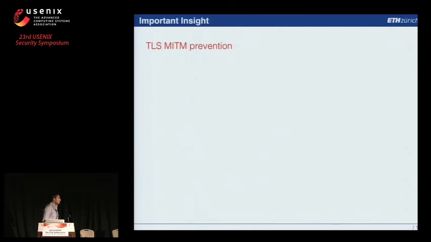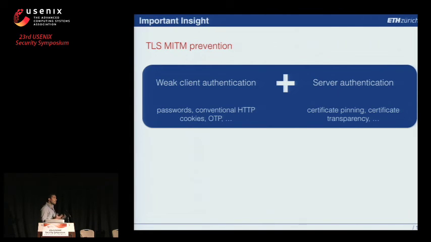So the insight of this work is that if we want to prevent TLS man-in-the-middle attacks, we have two options. If the web application uses weak client authentication, for example, conventional passwords and cookies, then we definitely need to enforce and ensure that server authentication is working properly.